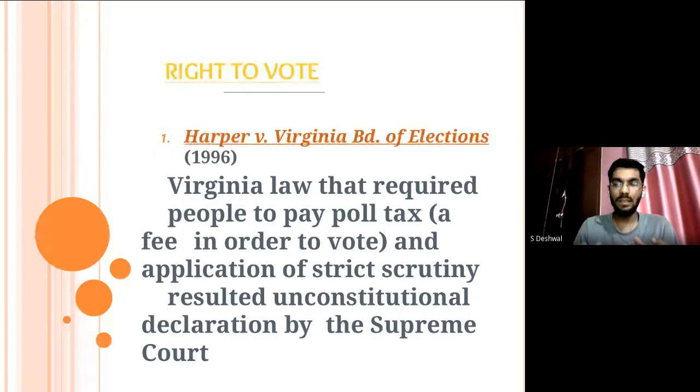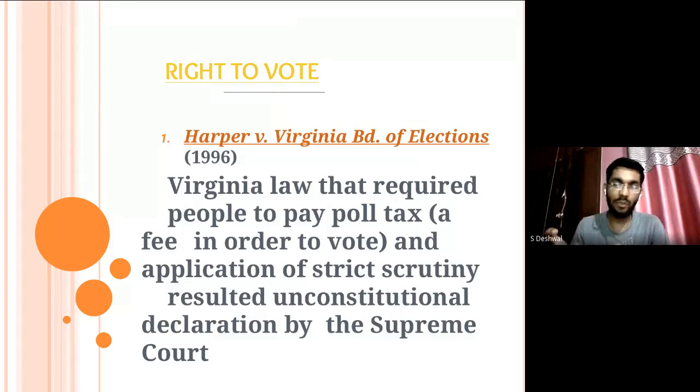So very simple. The state of Virginia, by making a law, said that a citizen, in order to vote, must pay a certain kind of tax, what is known as the poll tax. Only thereafter they would be eligible to vote. But the court said that right to vote in any democracy is so fundamental and so important that it must not be burdened by any such taxes, and held that such law is unconstitutional.